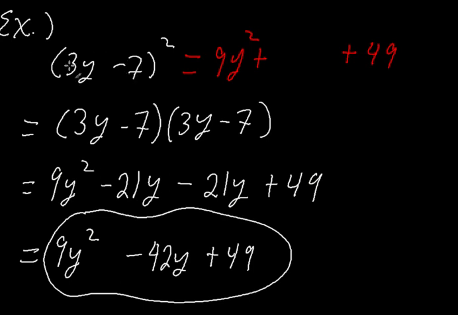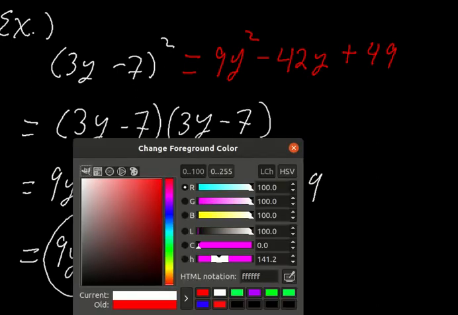And then if I multiply these two terms together, and then by 2, I should get the cross term. So 2 times 3 is 6, and 6 times negative 7 is, I need a negative sign there. That'd be negative 42y. Okay, so you can get it by the formula or you can get it by distribution. Okay, it's probably good to practice both ways.